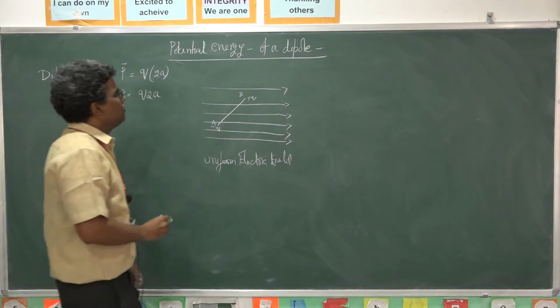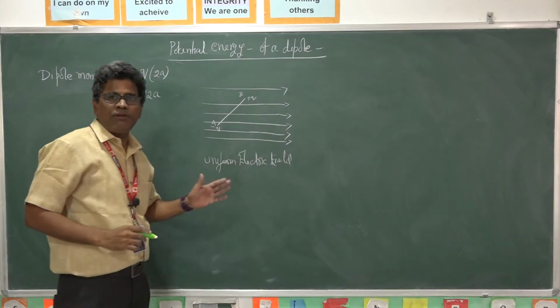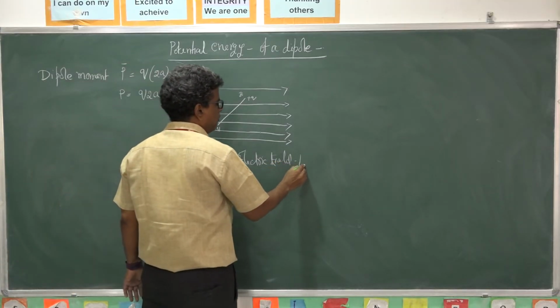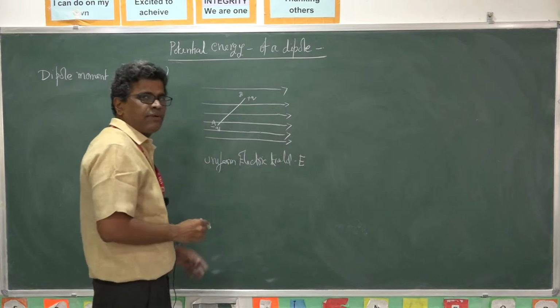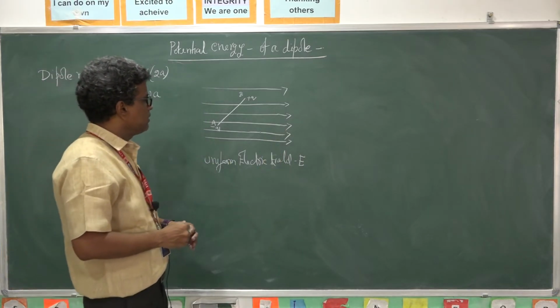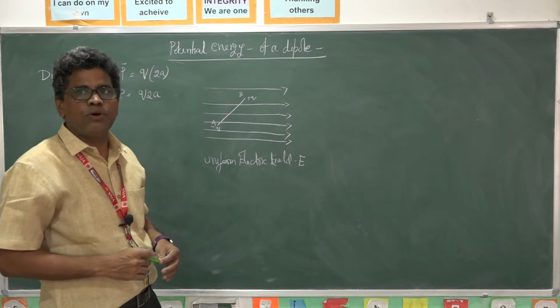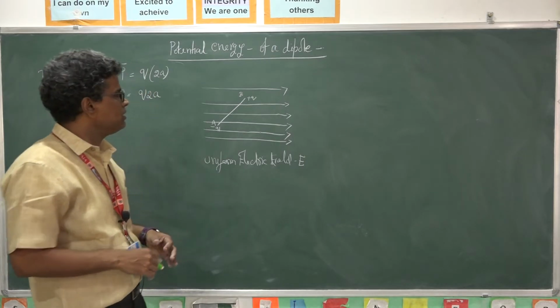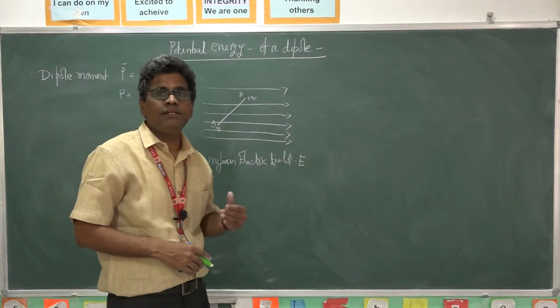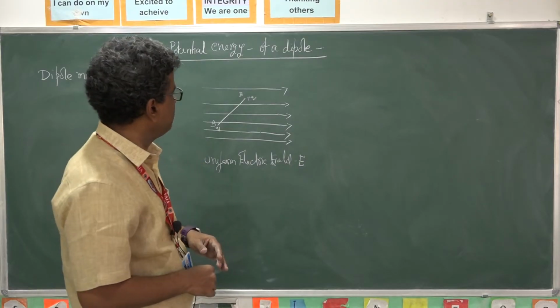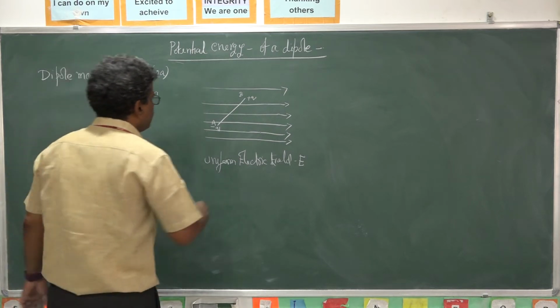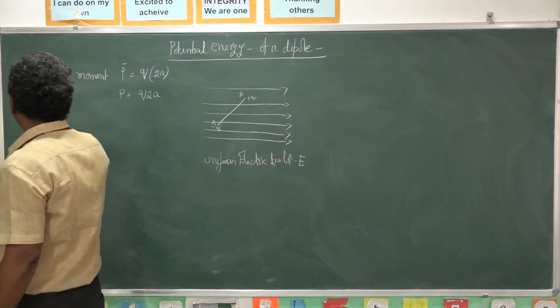As you know, when this dipole is placed in a uniform electric field of intensity capital E, it experiences no net force but a torque acts on it. How much torque is acting on the dipole?